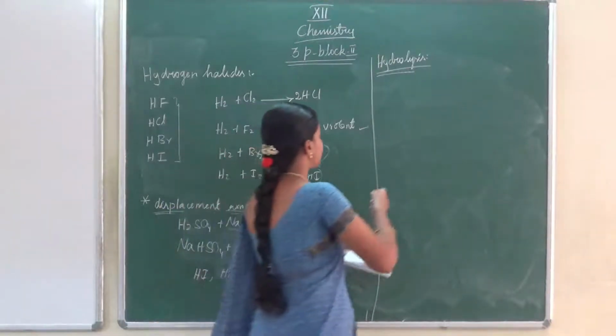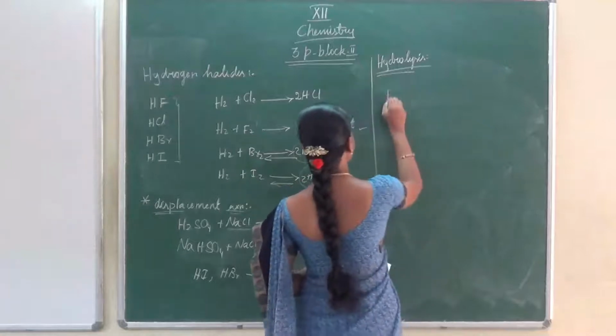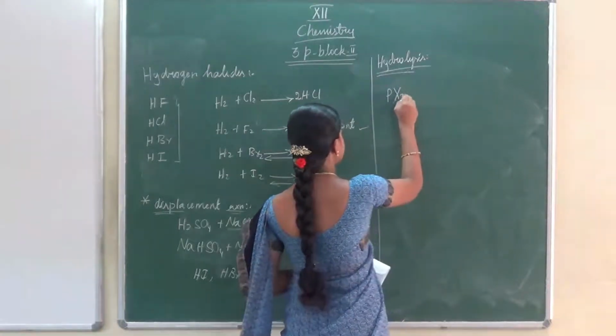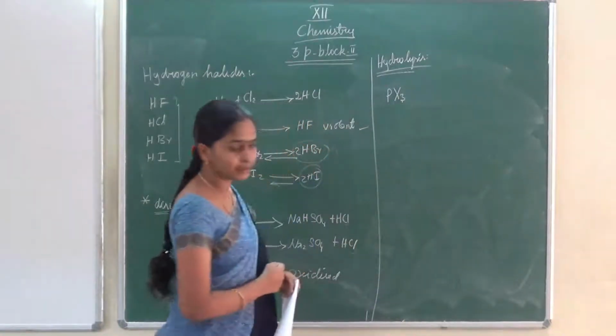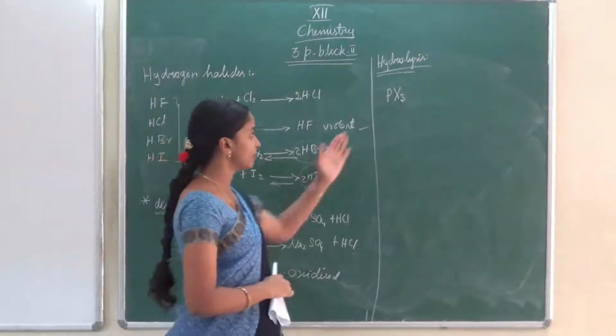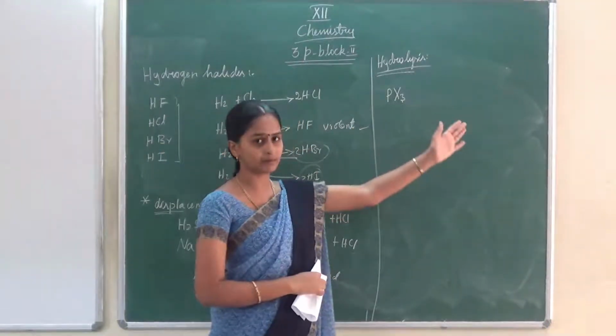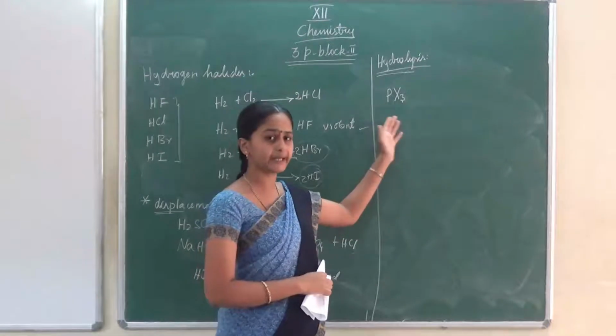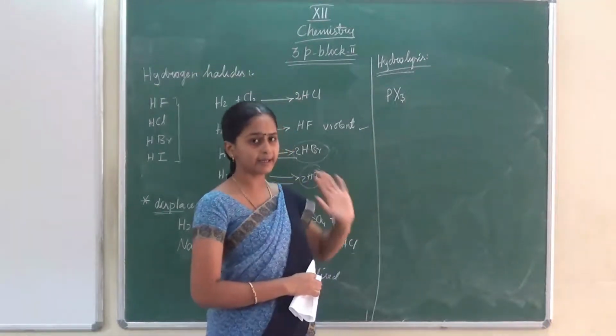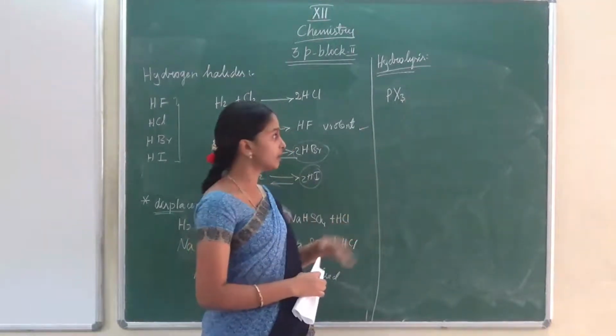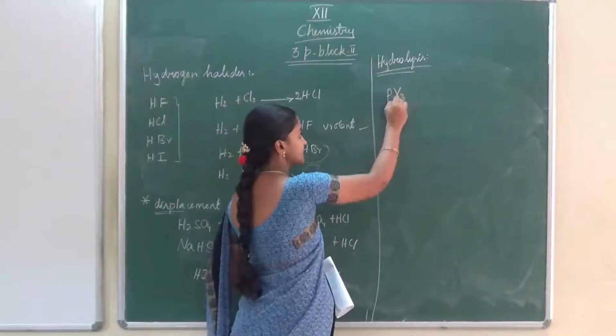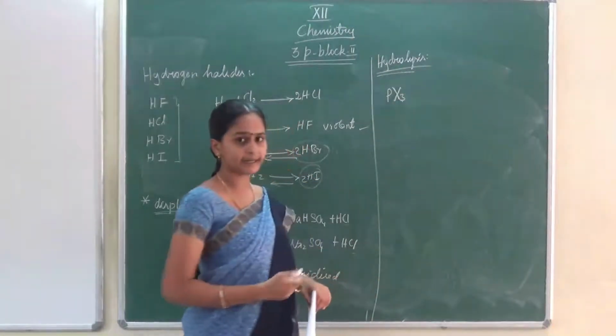Now for this hydrolysis, we are taking phosphorus trihalides. Any trihalide you can take here. If we take PCl3, then the product will be HCl. If we take PF3, then the product will be HF, like that. The X here is nothing but any halogen.